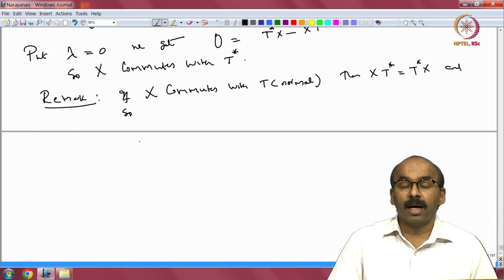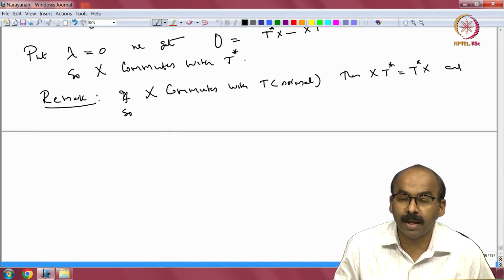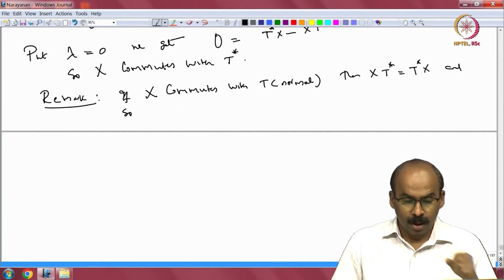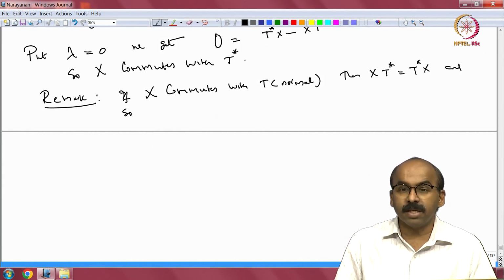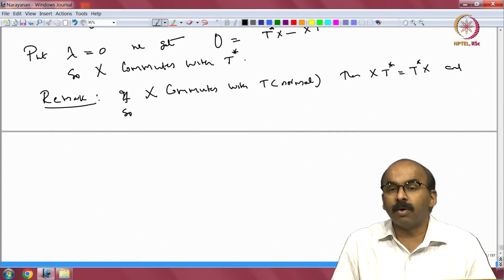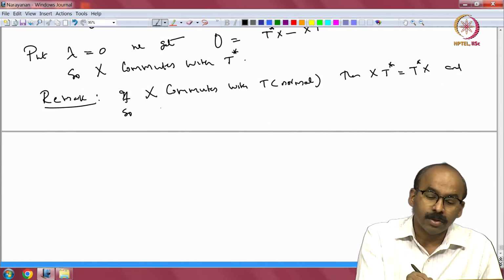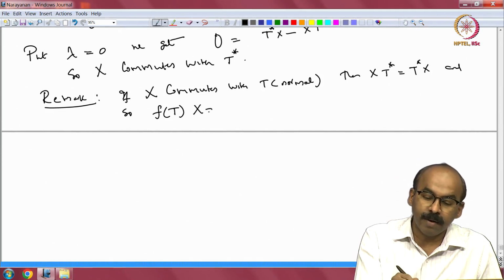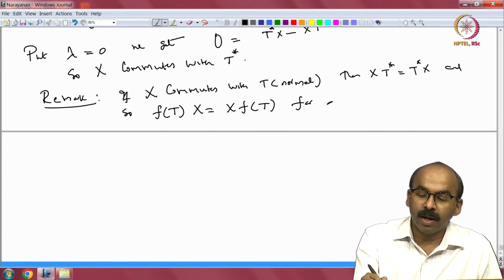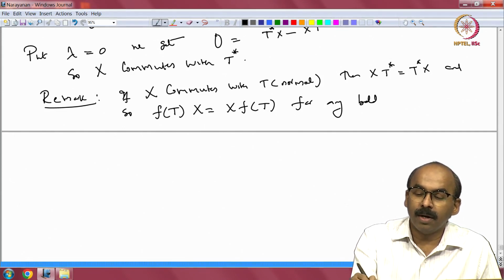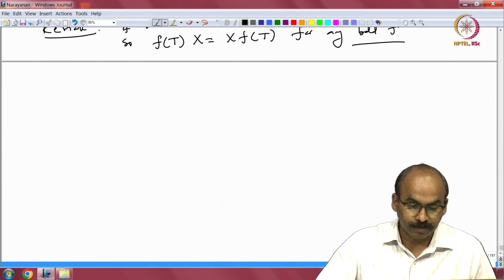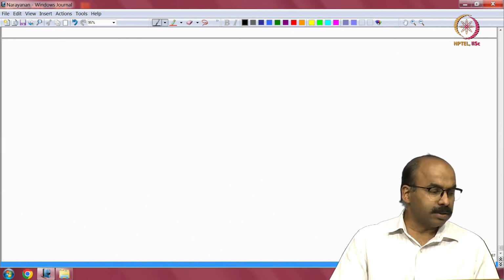You look at the C star algebra generated by t and t star and identity, x will commute with everything there. That is the continuous functional calculus, and then you can go to bounded functional calculus, right. So, f of t for any bounded f, right, for any bounded f. Okay. So, function bounded on the spectrum of t. Okay. So, let us continue.